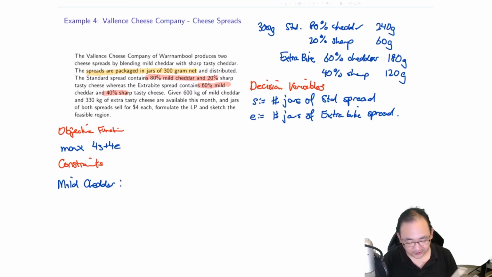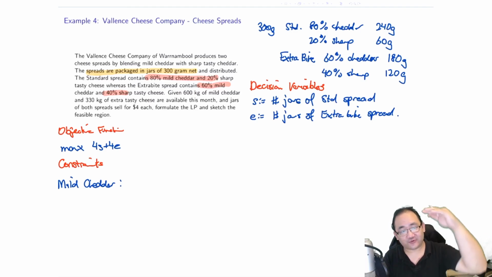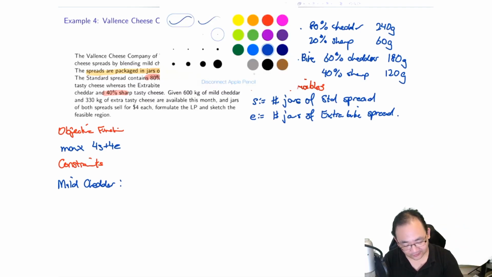So the cheddar constraint. The more straightforward way to write this would be that if we have a jar of standard spread, which is going to take 240 grams of cheddar per jar, then also because the restriction is in terms of kilograms, I'm going to convert everything to kilograms first.